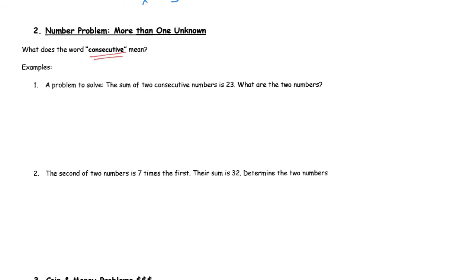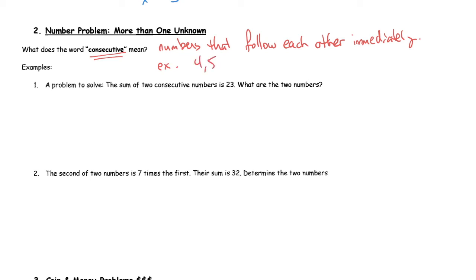Okay, well, they're referring to numbers that follow each other immediately. So for example, 4 and 5 are 2 consecutive numbers here.